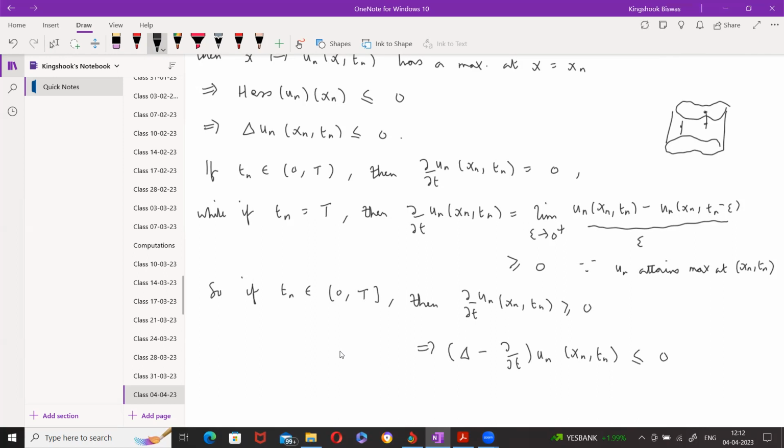Because the Laplacian is less than or equal to 0 and ∂_t is greater than or equal to 0. Therefore, the difference is less than or equal to 0. But that's a contradiction, right? Because Laplacian minus ∂_t of u_n is greater than or equal to 1 over n, which is positive, right? Okay.